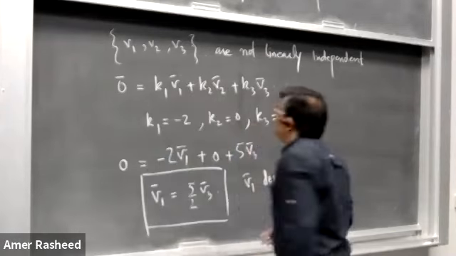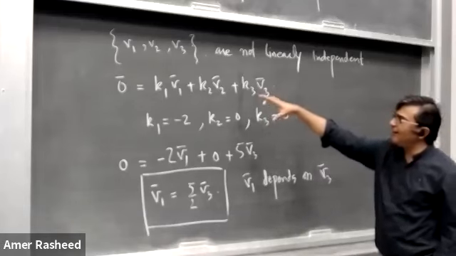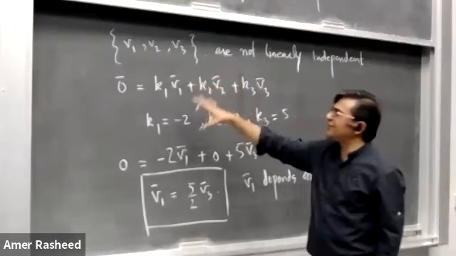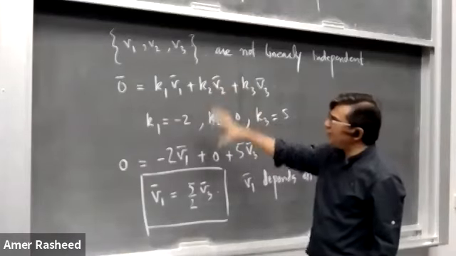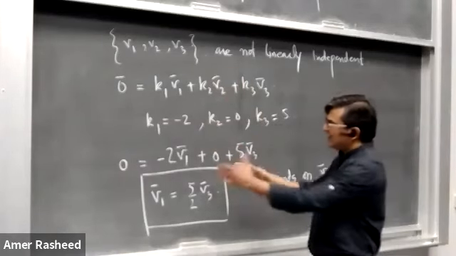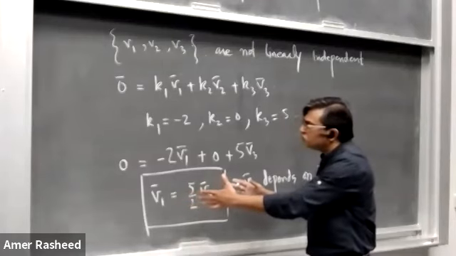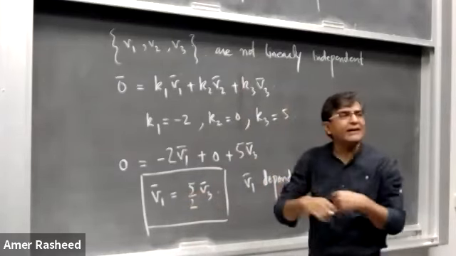Okay. Now, what happens when this homogeneous linear system has non-trivial solutions? Non-trivial solutions of the homogeneous linear system tell us that these vectors are not linearly independent.